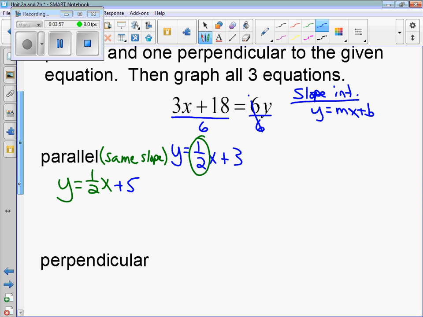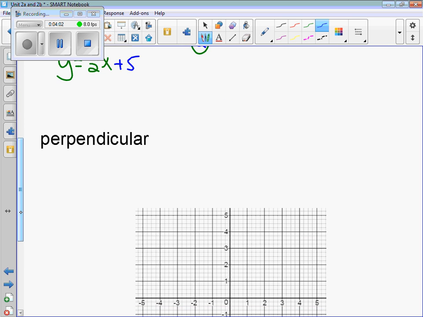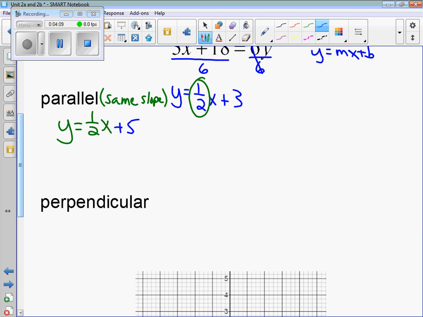And we also need perpendicular lines. So we have parallel, same slope. Perpendicular are opposite and reciprocals. So what that means is the opposite: it's a positive 1/2, so you have negative 1/2, and then you flip the fraction.